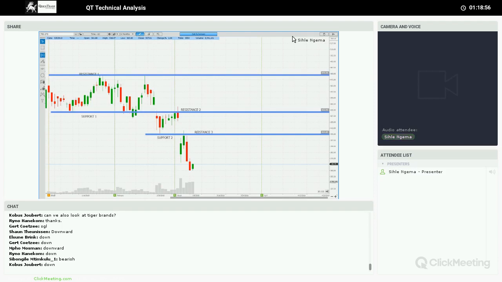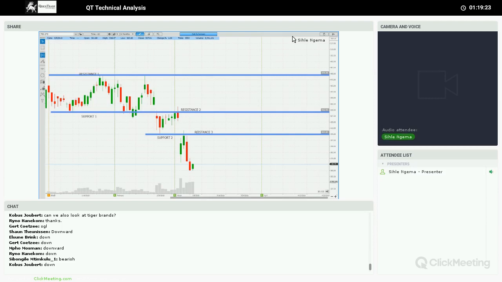We have resistance 1 in January, and support 1 in the very same month for this year. The month of February went up to resistance 1. It never went even higher, but instead it came down below support 1 and established support 2. When it established support 2, it went back to support 1, which is a newly formed resistance called resistance 2.